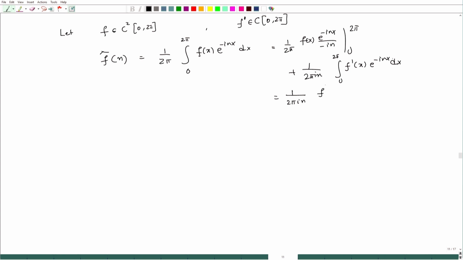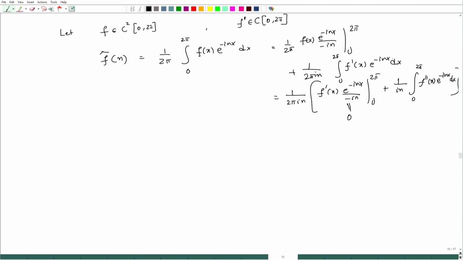integration by parts. We have f prime of x e to the power minus I n x by minus I n, from 0 to 2 pi, and then plus 1 by I n, integral 0 to 2 pi of f double prime of x e to the power minus I n x dx. Now, as you can see, the first part is 0.